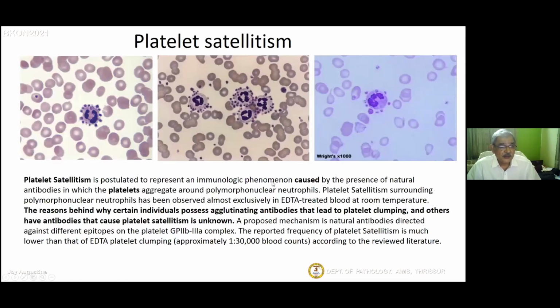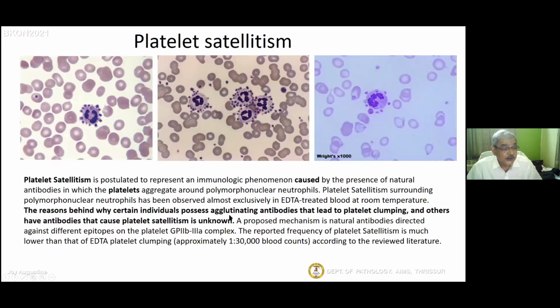Now, this is a picture showing the platelet satellitism. The exact reason for this is not clear.